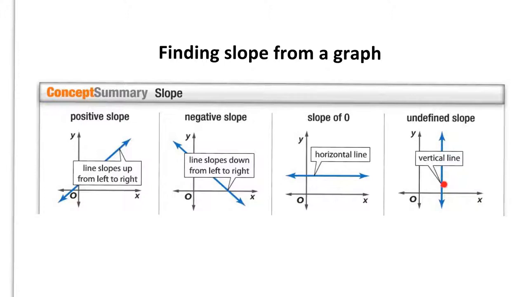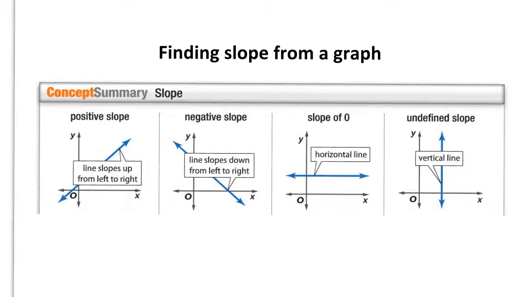And if you have a vertical line up and down, straight up, straight down, that's going to be undefined. We don't know what the slope is. That's why we use the word undefined. So vertical line is undefined. Horizontal line is zero slope. Negative is when you go down. Positive slope is when you go up.